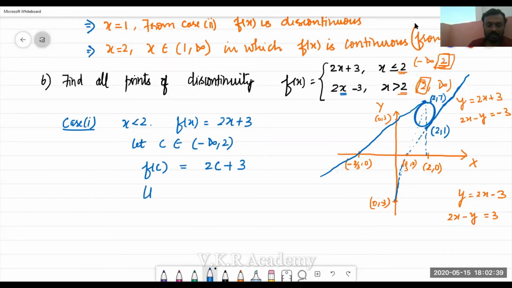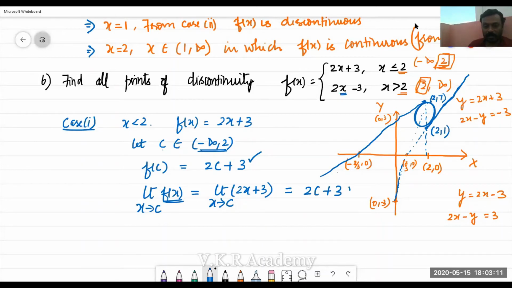And limit x tends to c, f of x is equal to limit x tends to c, where our c is in the interval x less than 2. So f of x is 2x plus 3, that is equal to 2c plus 3. So the function is defined at all the points c in minus infinity to 2. Limit also exists at all the points minus infinity to 2. Also, these two values are equal.